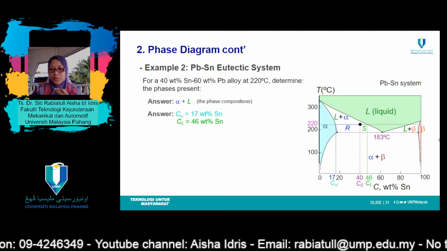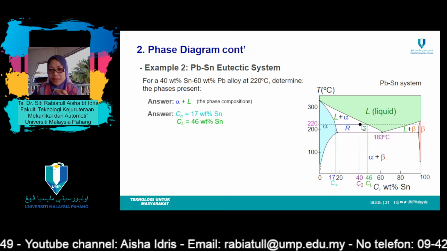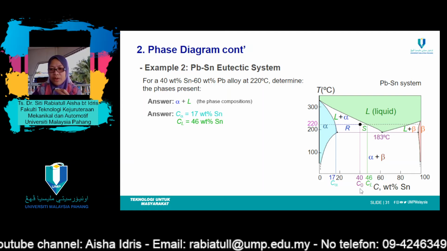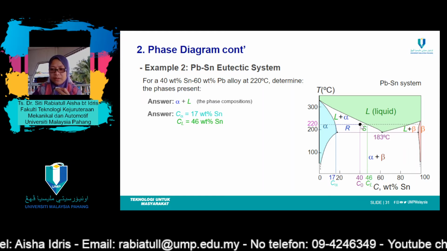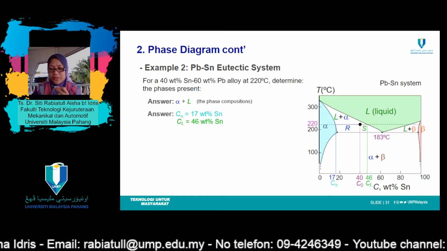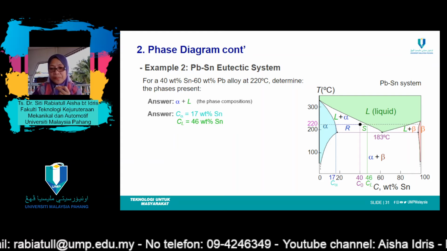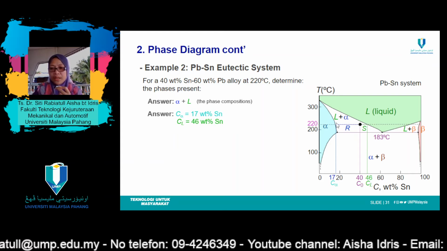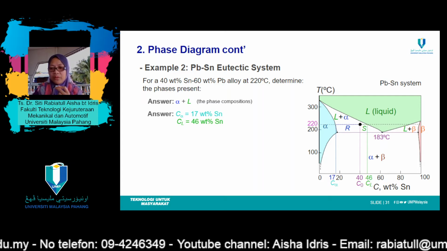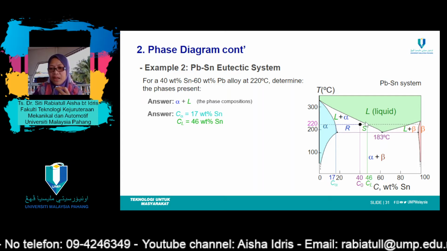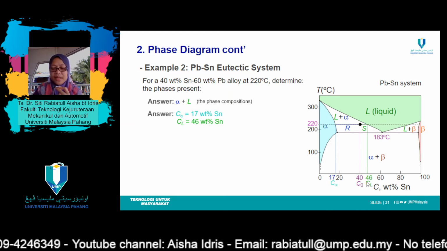For this one, the temperature given is 220 degrees C with C naught equal to 40 percent. So it falls in this phase, which consists of liquid and alpha solid. From there, use the lever rule, and you may get the value of C alpha equals 70%, and for liquid, 46%.